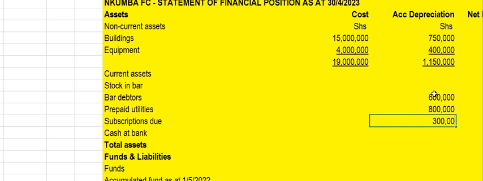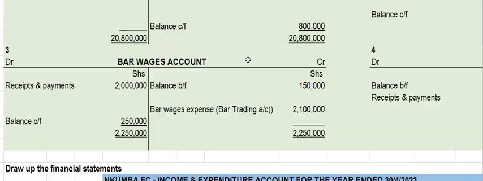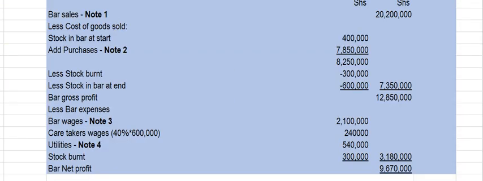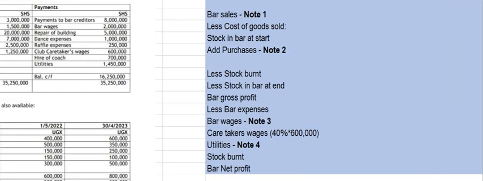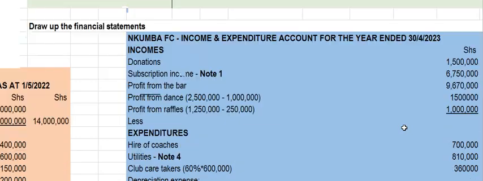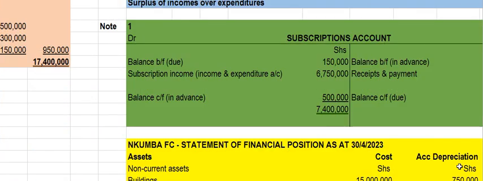The subscriptions due, the balance is 100,000. Then cash at bank, that is now receipts and payments closing balance, that is 16,250,000. Current assets, they have some positive cash at bank balance.